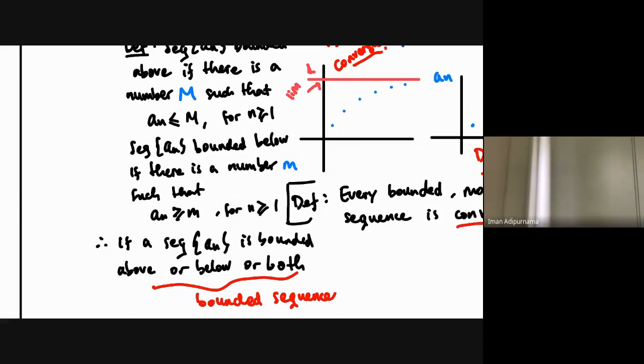So back to the first conclusion from the monotonic sequence: the sequence should be monotonic and bounded, both of them. If only one, then we cannot conclude the sequence is converged. Both monotonic and bounded, then it will be converged.